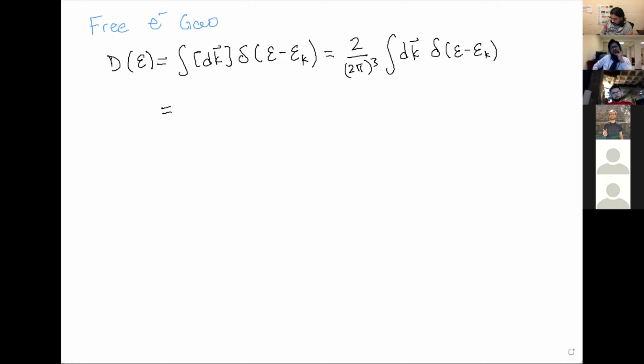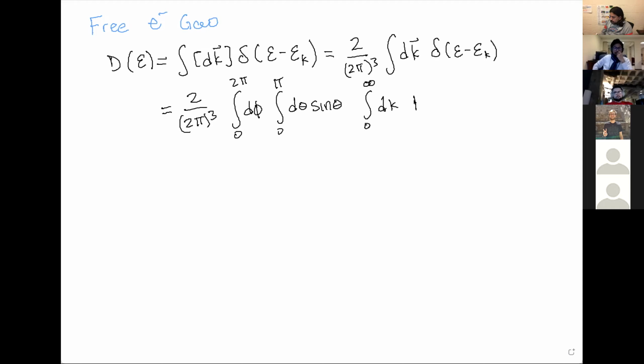It means that I go from 0 to 2 pi d phi, and then 0 to pi d theta sine theta. And then this one goes from 0 to infinity, k squared, and the delta function.